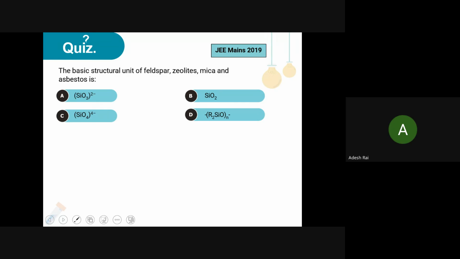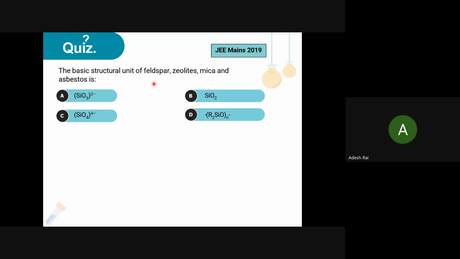If you go by classification, feldspar and zeolite are 3D silicates, and mica and asbestos are sheet silicates. So you don't have to go for the shared unit; you have to go for the basic unit.